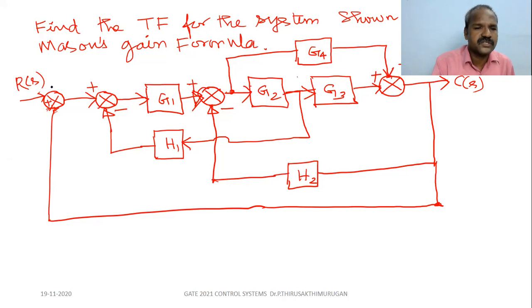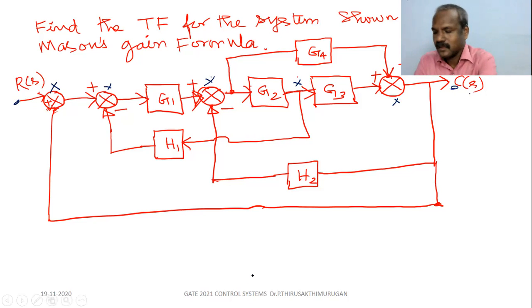So first, the nodes or junctions we can have: this one, another junction, 3, 4, 1, 2, 3, 4, 5, 6. So this is the starting node and this is the ending node. Clear?